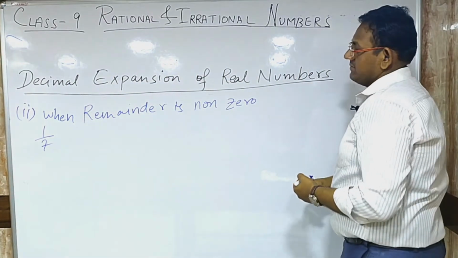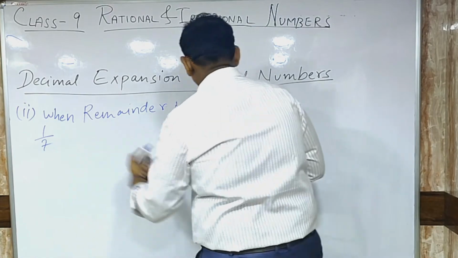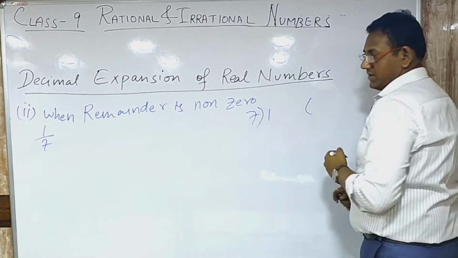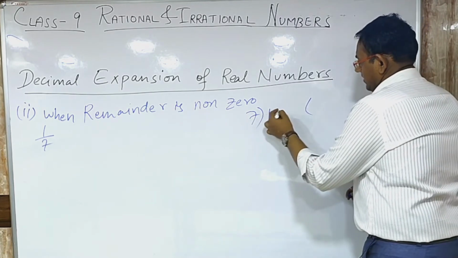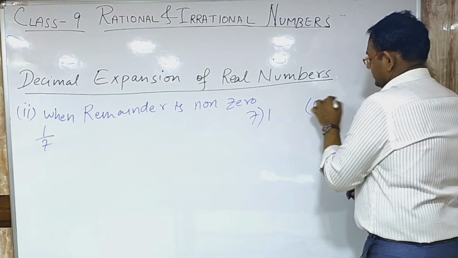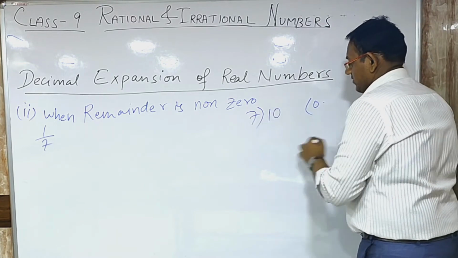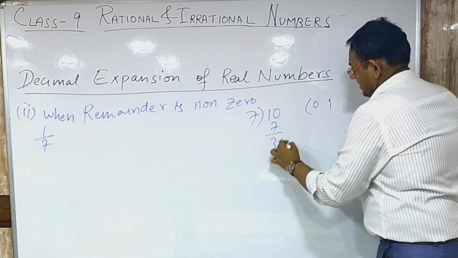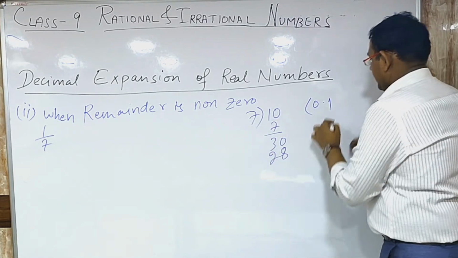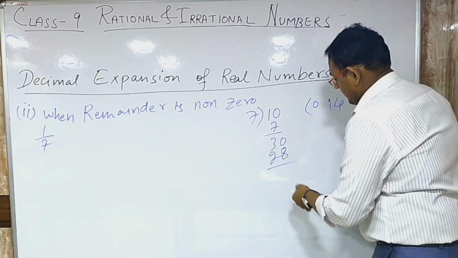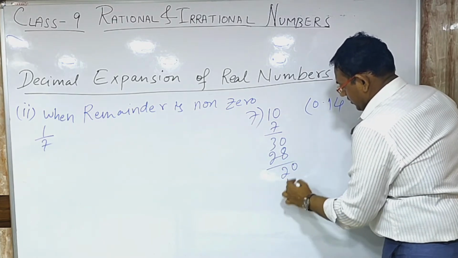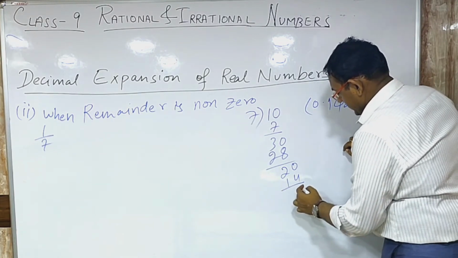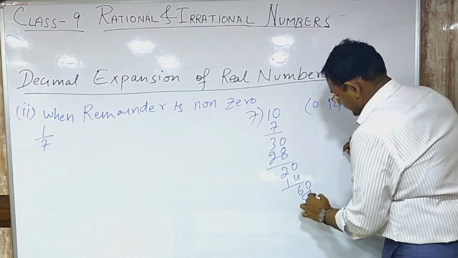If we divide 1 by 7, let us consider 7 over here, and we get 1 over here. Then we put a decimal and write 10 over here. This would be 7, so the remainder is 3, then 30, that means 28, which gives 4. Then we get 2, so 20, 14, and 6, then 60, 56, then 8.